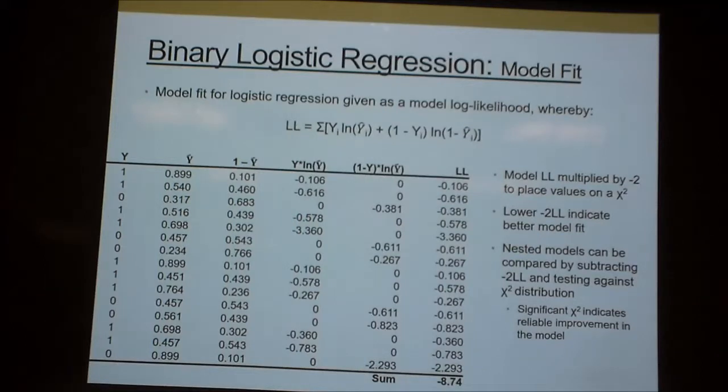I would take the -2 log likelihood from the model with all 5 predictors and compare it with the -2 log likelihood of the model with just the 3 predictors, and if the difference between those exceeds a critical value for chi-square with 2 degrees of freedom, then we would say, yes, it looks like the inclusion of these interaction terms has produced a reliable increase in the overall quality of this model, right?